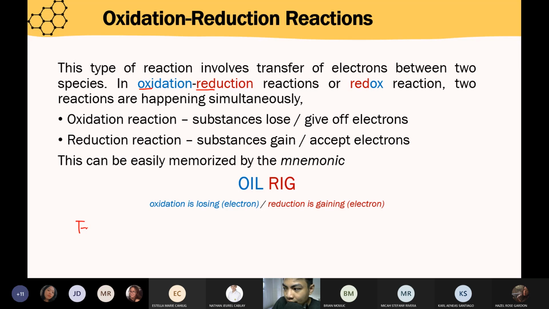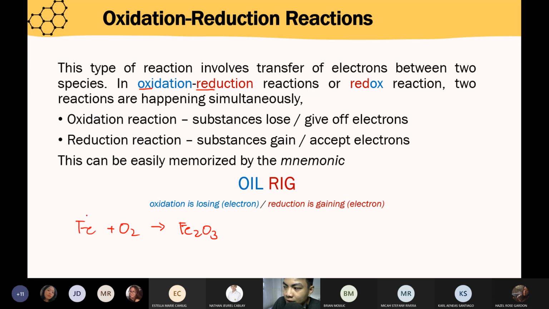Kunwari, nangalawang siya. So, when our iron rusts in the presence of oxygen or water in the air, this is the formula. This is a redox process na, actually.